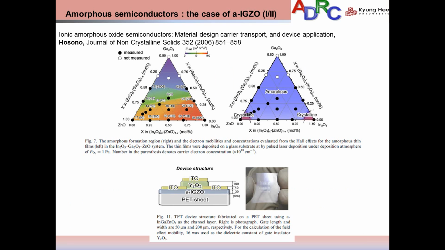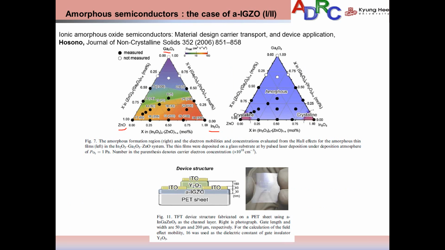The case of IGZO, indium gallium zinc oxide. If we want to have a look at this material, we should look at the different material properties depending on the ratio of the different materials. So we have gallium, we have zinc, and indium. And here are different examples of mixtures.